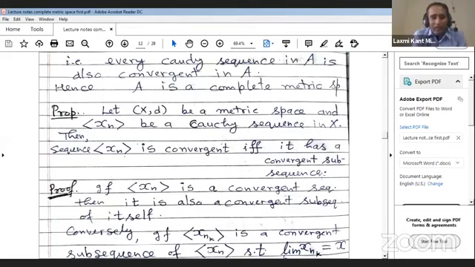I think it was somewhat used by Dr. Bipul Kakkar. So we see its proof here. If this sequence is a convergent sequence, then it is also a convergent subsequence of itself.